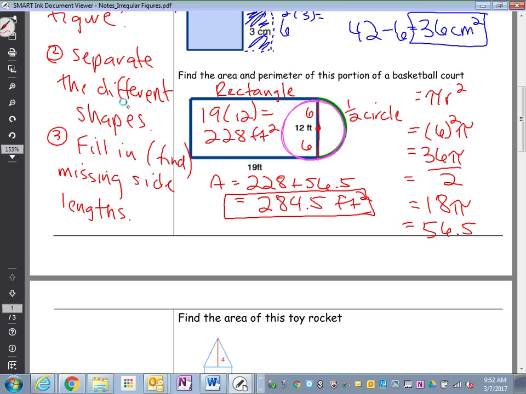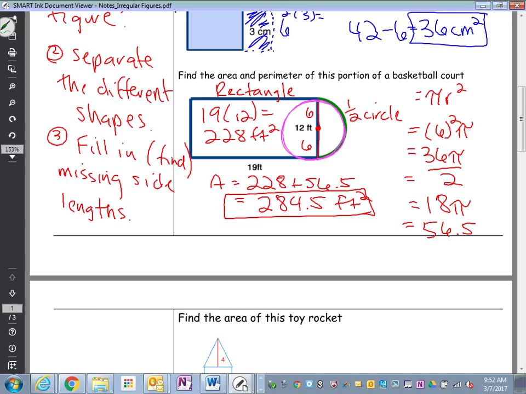Now we got to go perimeter. P for perimeter. Perimeter is just all the sides, right? But what kind of shape is going to make it a little bit more tedious? Circle. On your sheet, what is the formula for the circumference of a circle? 2 times pi times r.